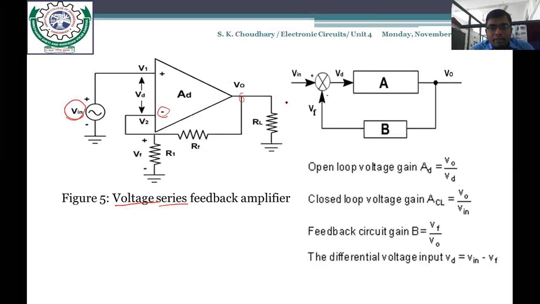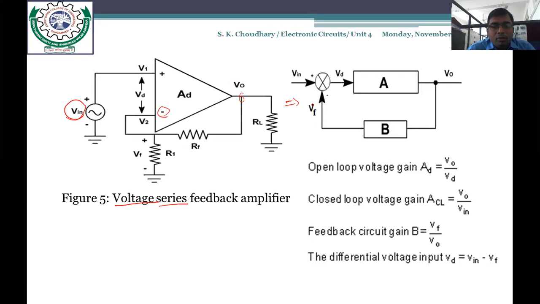This is the equivalent diagram I have drawn, the block diagram of the feedback network, showing how we use negative feedback here. For this particular circuit, RL is the load resistor, and VD is the difference voltage between the inverting and non-inverting terminals. V1 is the voltage at the non-inverting terminal, which is the same as Vin, because no other voltage drop is possible as per the circuit diagram.